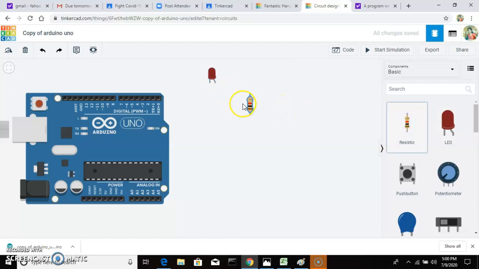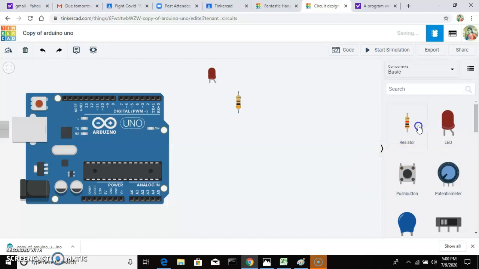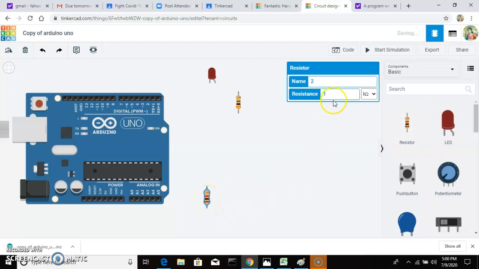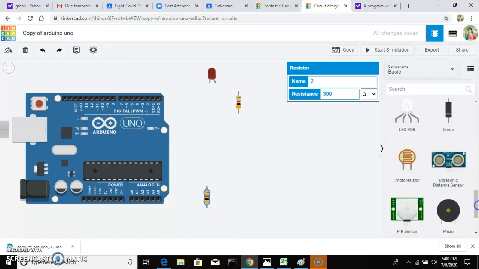Then a resistor of 300 ohms, another resistor of 300 ohms, and a photoresistor should be taken.